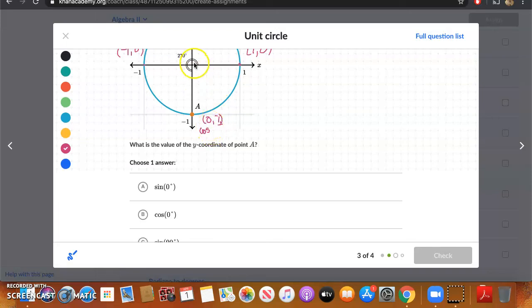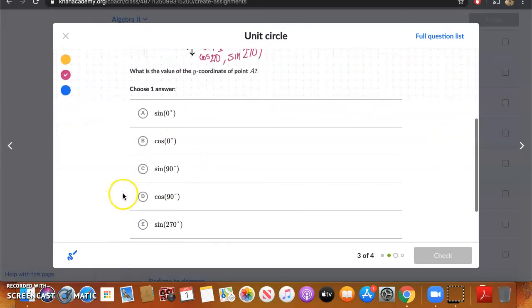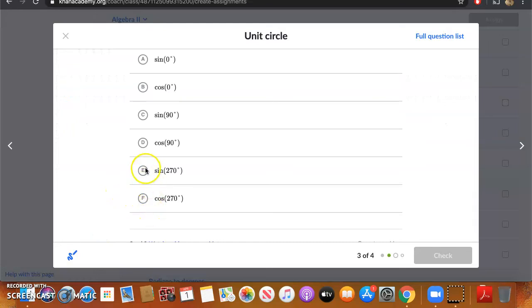This is 270 degrees, since we always count counterclockwise: 90, 180, and then 270. So the x-coordinate is cosine of 270, and the y-coordinate is sine of 270. It looks like it's right here.